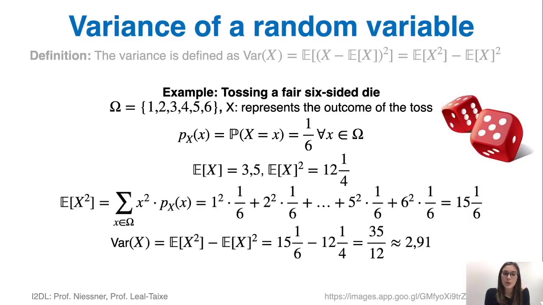We already know the probability mass function, which was a uniform distribution, and we also know the expectation, which we computed a few slides ago. So what we now have to do is compute the expectation of x squared, and then combine it in order to obtain the variance of our random variable x. I leave it to you to understand these steps, but please try to understand them.